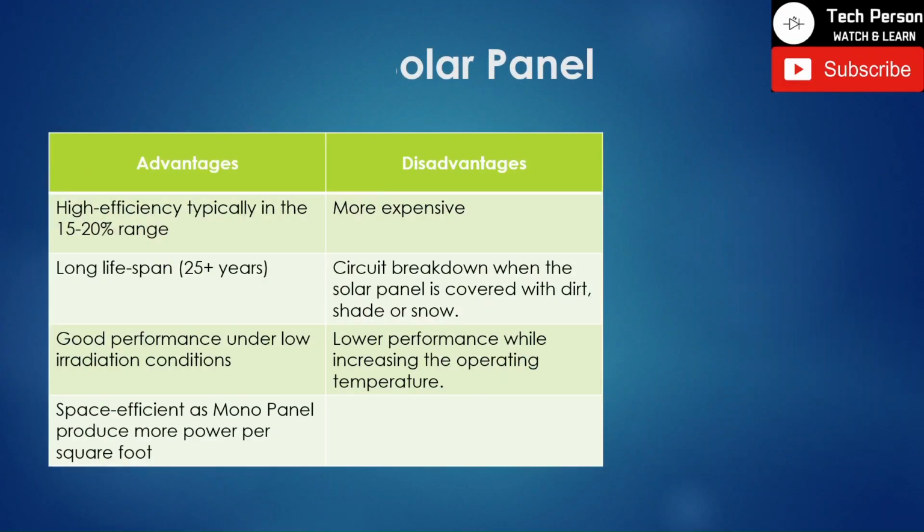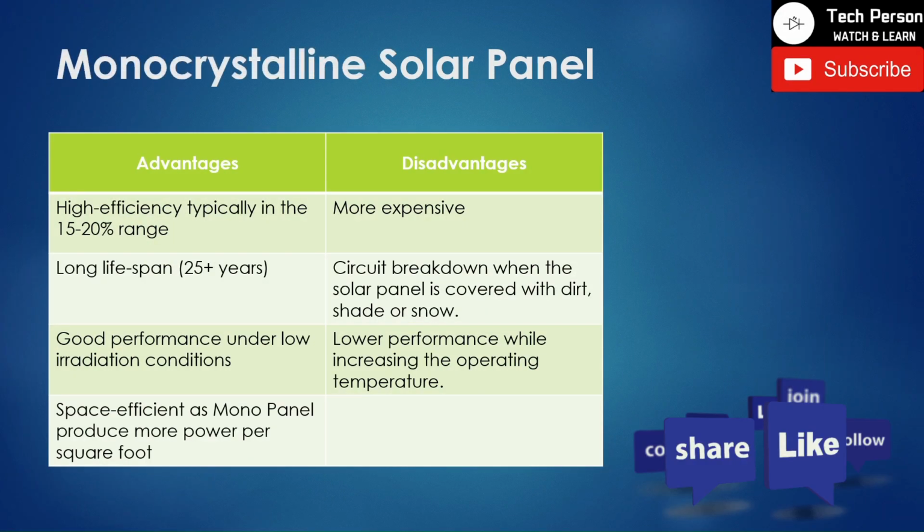We will see what the advantages and disadvantages of monocrystalline solar panels are. As you know, monocrystalline solar panels have higher efficiency, typically ranging from 15 to 20%. This efficiency is for the cell, not for the overall full panel.